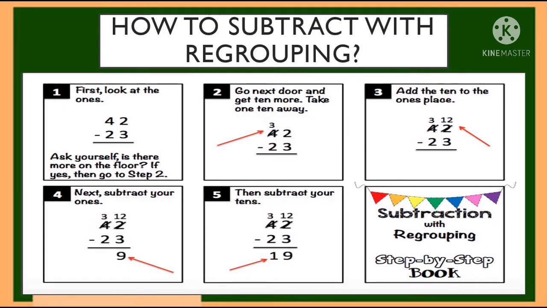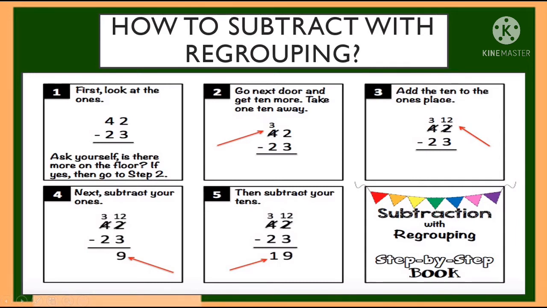Did you understand? So, go to the next door and get 10 more. And then take 1 ten away. It's like this. If this one is 4, then you need to get 1 from it. So it will become 3. And then the 2 here will become 12.